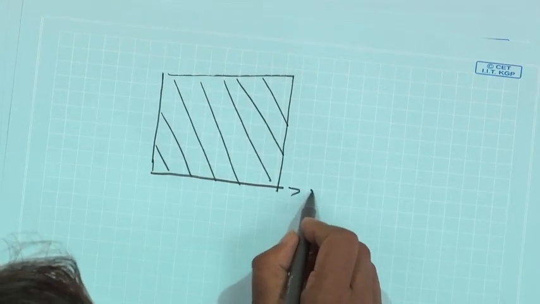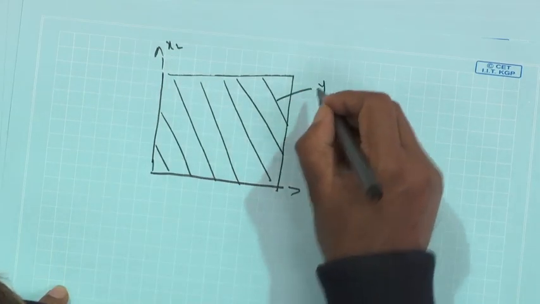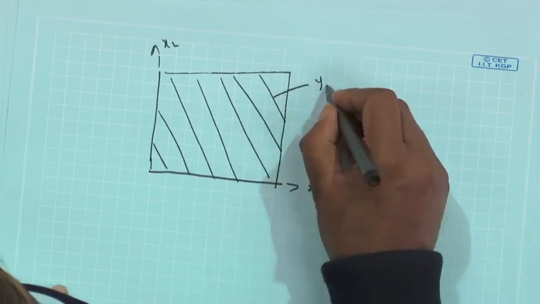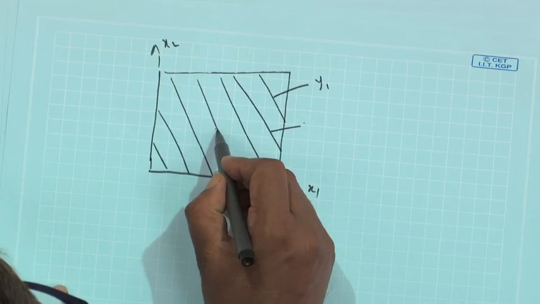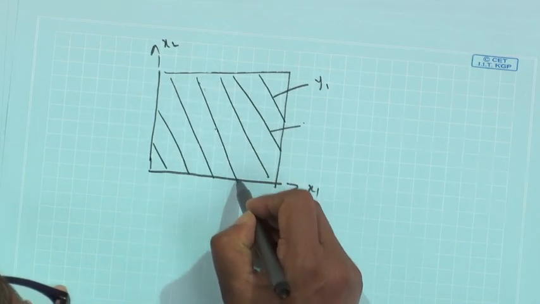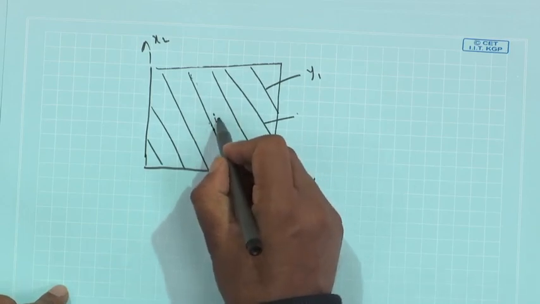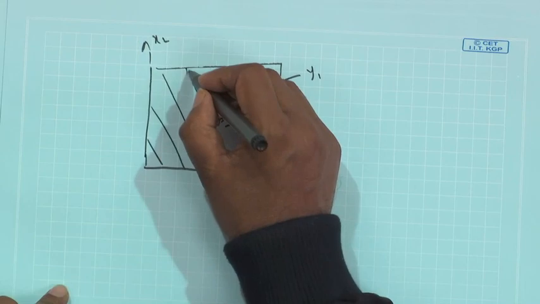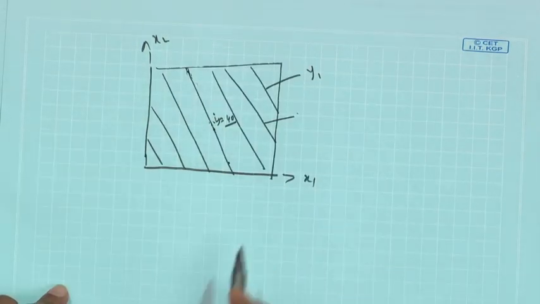This is suppose x1 and this is x2 and these are all y values. This is suppose y1, this is y2. What does it mean? Suppose any point on this line has a particular y value. Suppose y is 40, then here also 40, here 40, here 40, everywhere 40. What does it mean?